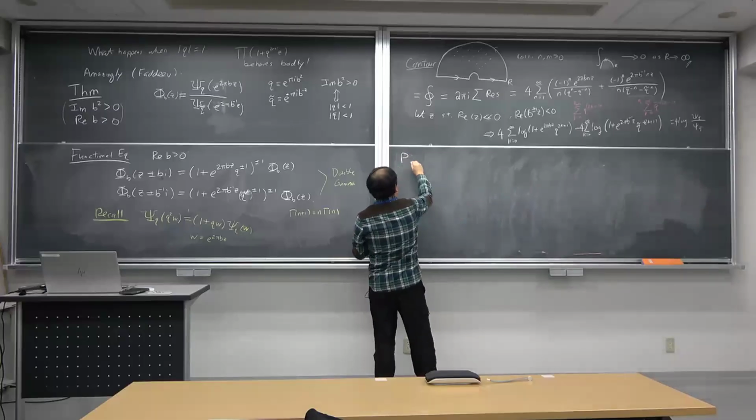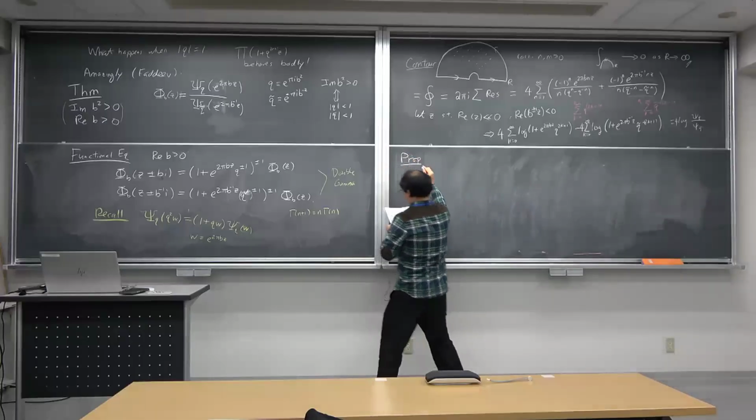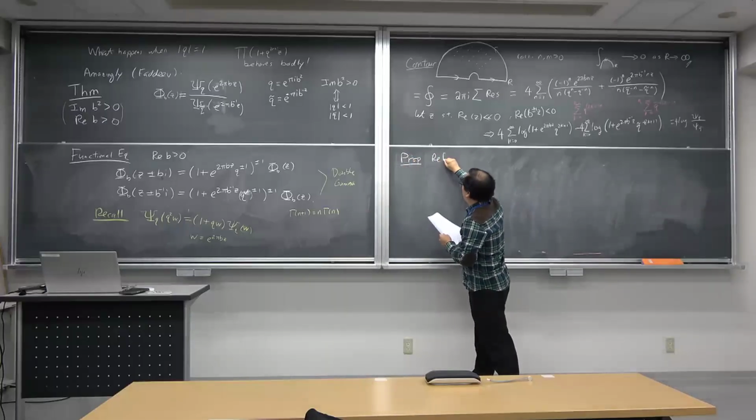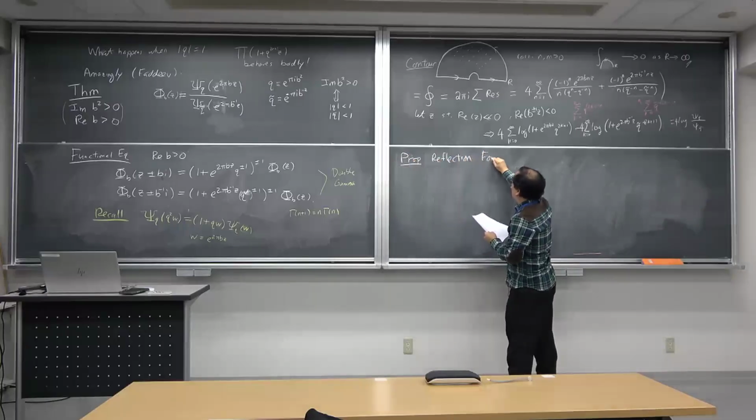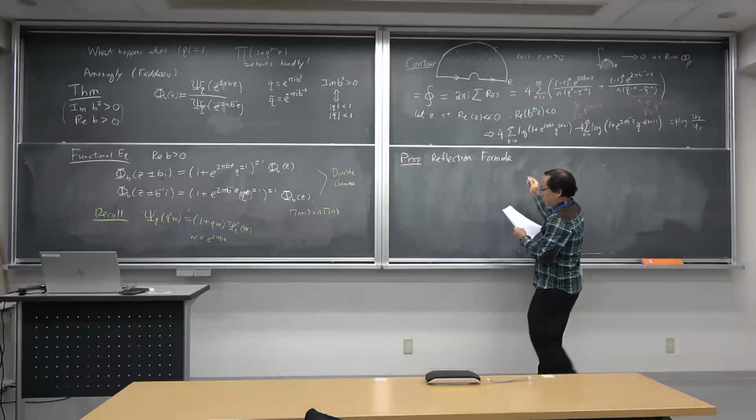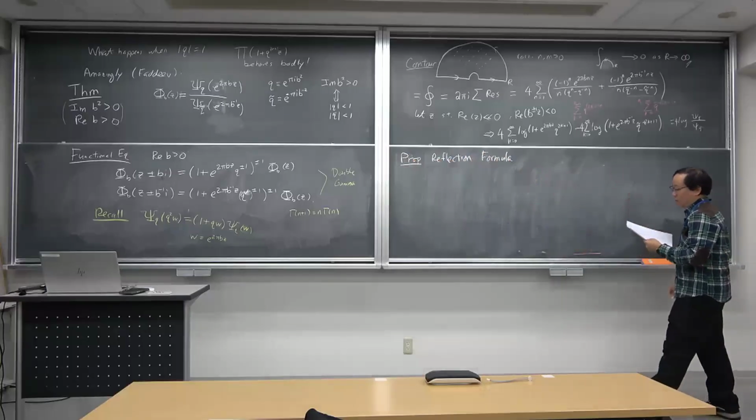And to answer the poll question. So the first one is that we have the following reflection formula that allows you to do some explicit calculation and special values.